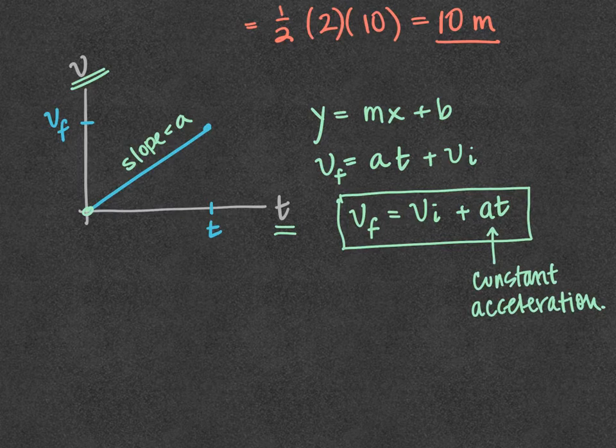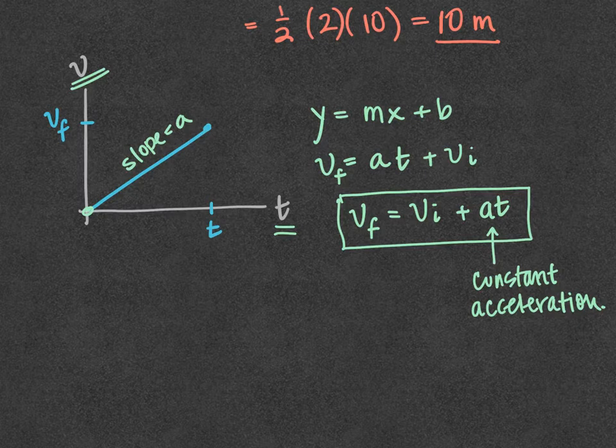Now, what if we wanted to know the displacement of an object and we don't have the graph? So let's set up a general equation for the displacement using our velocity time graph.